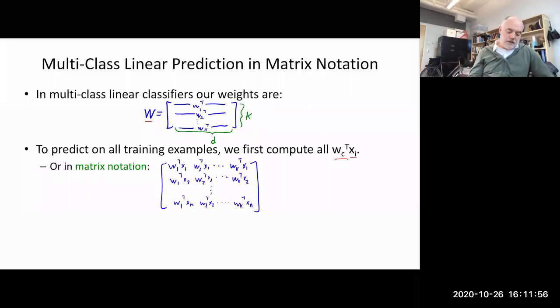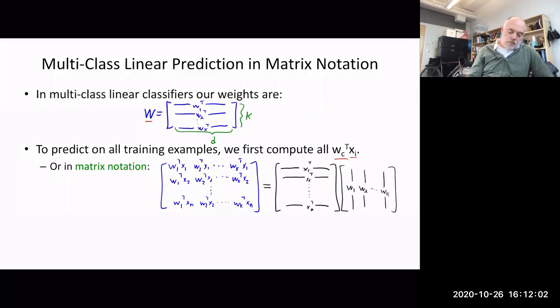Or in matrix notation, we want to form this matrix of outputs, which is just all of the data items on the rows, right? So you've got n by d, and then W transpose is going to be d by k. And out of this, you're going to get an n by k matrix, which is the outputs.